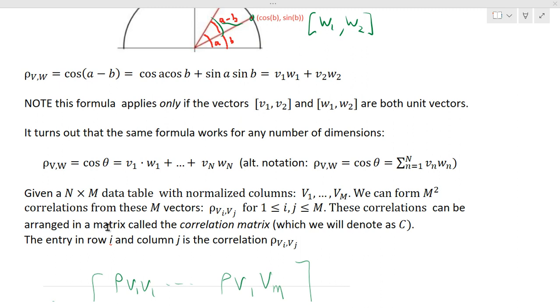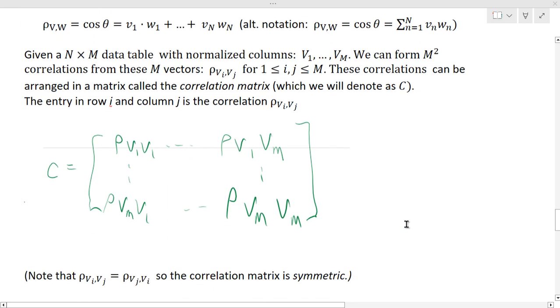These m-squared correlations can be arranged in a matrix. You knew we'd get back to matrices. And this matrix is called, appropriately enough, the correlation matrix, which we will denote as C. In the literature people call this by different letters, but I'm going to call it C. The entry in row i and column j is the correlation between vector i and vector j. So I can denote the matrix this way.